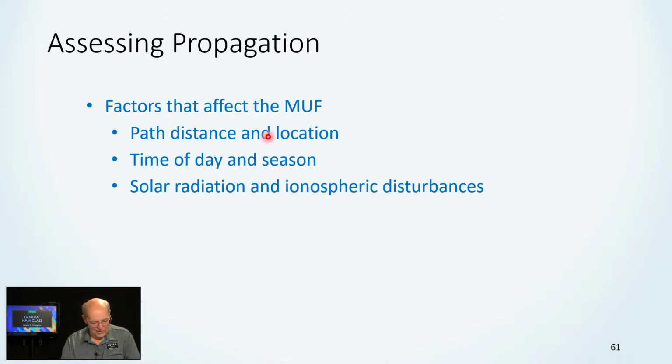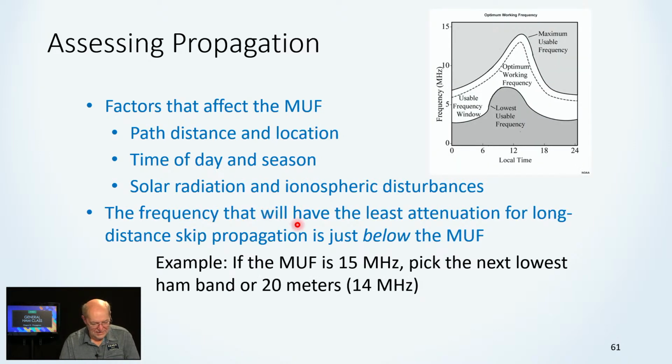And this feels strangely like an all-of-these question coming our way. All affect the MUF. And this is something we've said already, but this is in terms of the pool: the frequency that will have the least attenuation for long-distance skip propagation is just below the MUF.